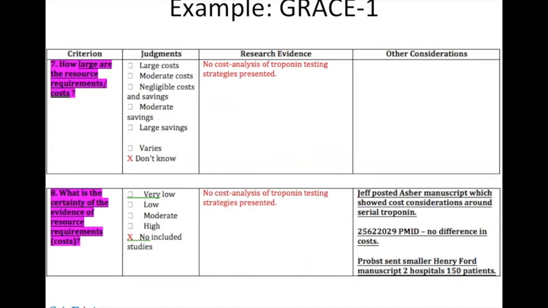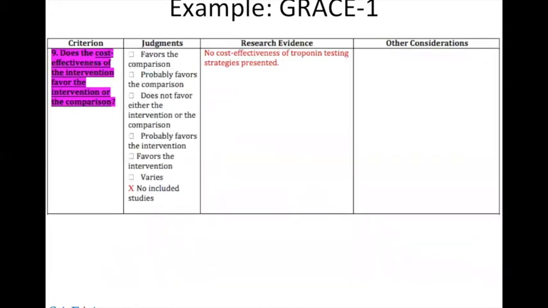There's a PMID reference that suggests there might be no difference in cost in whatever setting that article looked at. And at Henry Ford Hospital, there were 2 hospitals with 150 patients being looked at from an economics perspective. That was offered by one of the group members. And for the cost effectiveness of the intervention in favor of one or the other, again, no included studies, so there was no way for this group to make a judgment call whether it favors A or B.